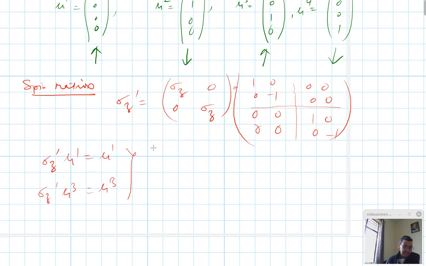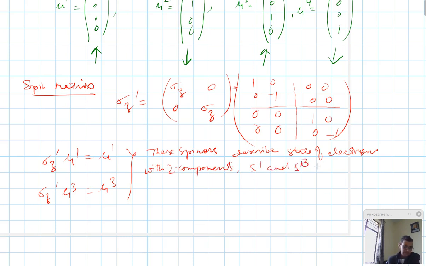Means these spinors describe the state of the electron with z component S1 and S3 of spin in the positive direction.